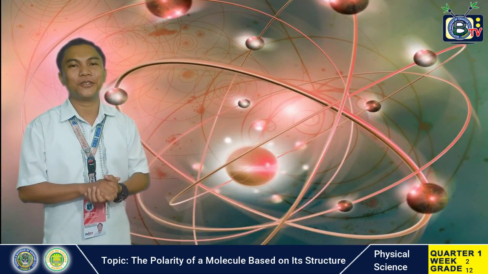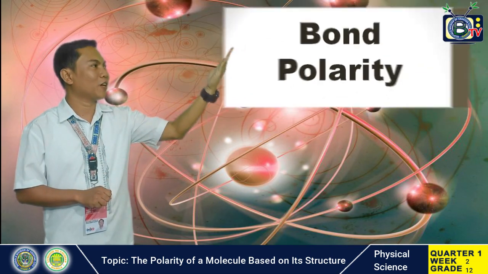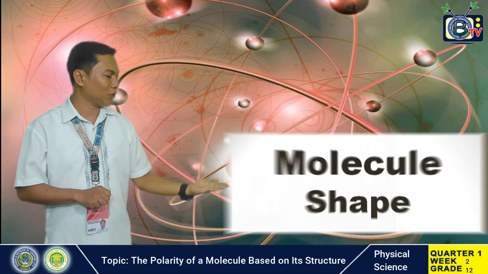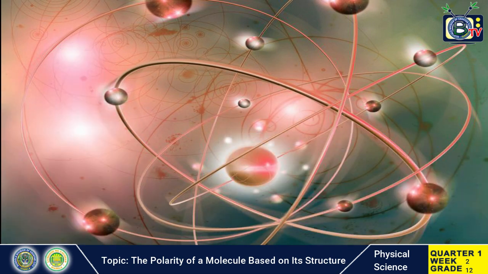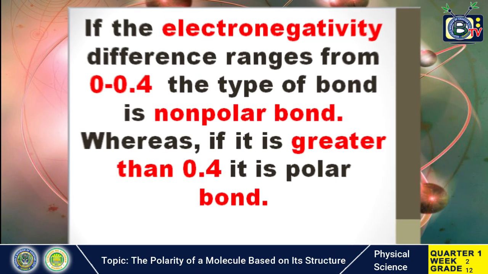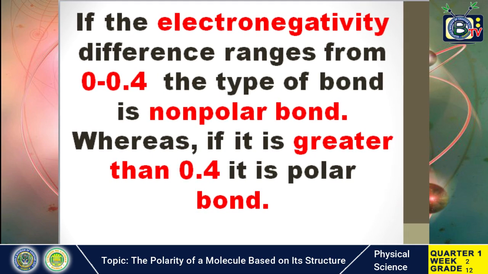Let's take a closer look at the water molecule. Let us examine its bond polarity, outside atoms, and molecule shape. First, the bond polarity. If the electronegativity difference ranges from 0 to 0.4, the type of bond is non-polar bond.